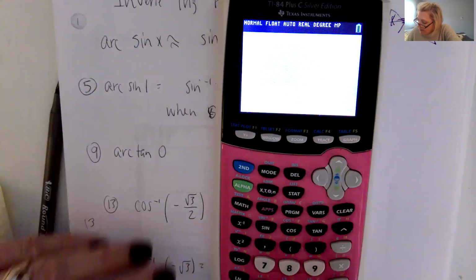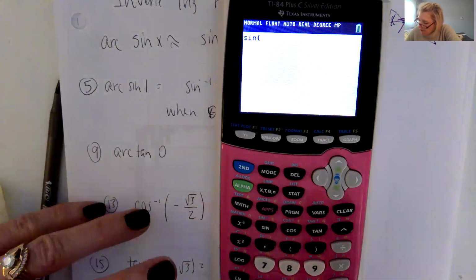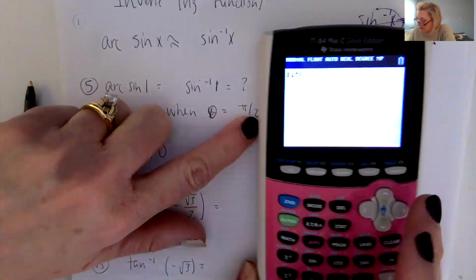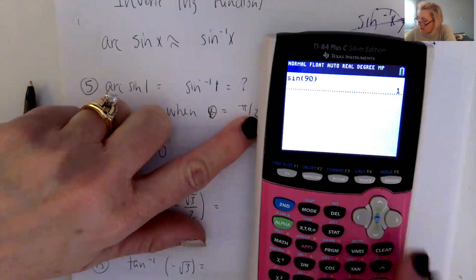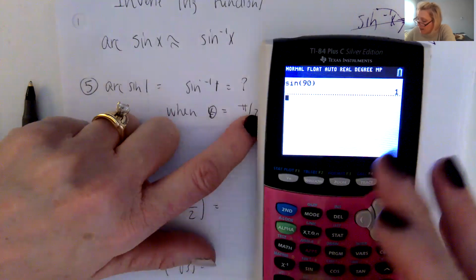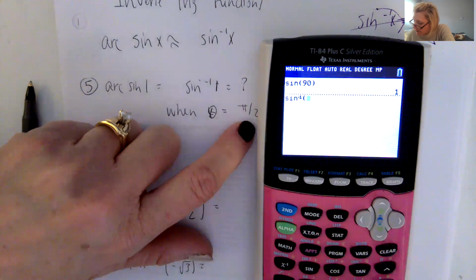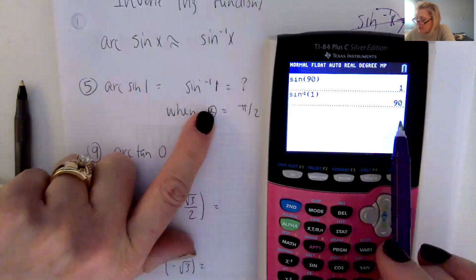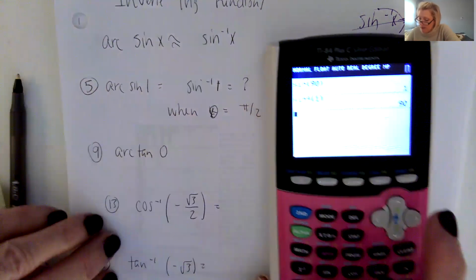So if I do sine of π/2, which is a 90-degree angle, I'm in degrees currently, so if I do sine of 90 degrees, I get a 1. And if I do the inverse sine, so sine to the -1 of 1, it's going to refer to me as 90 degrees. So that's what they do, they interchange each other.